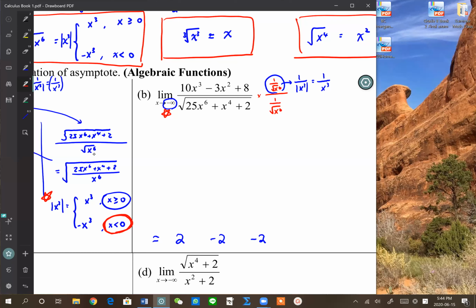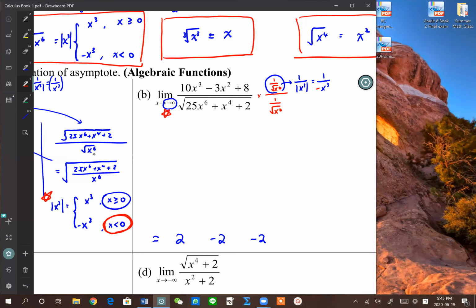So therefore, the absolute value will take the second path and it becomes negative x cubed. Okay, so when it becomes absolute value, do not just take it away right away. Think about, is it taking the first path or the second path?